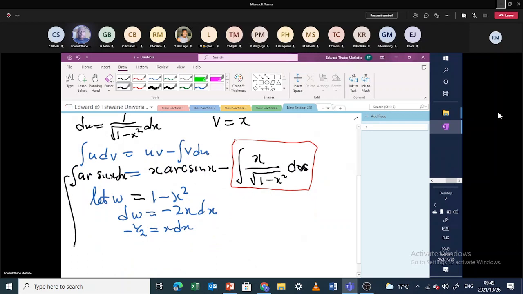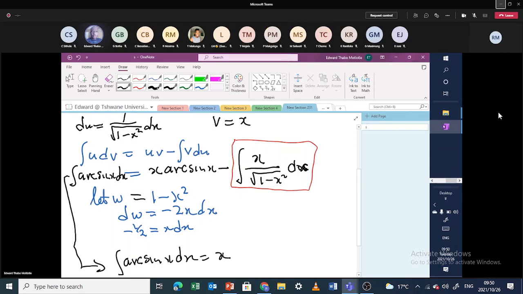So this integral now becomes, the integral of arc sine x dx is equal to x arc sine x.